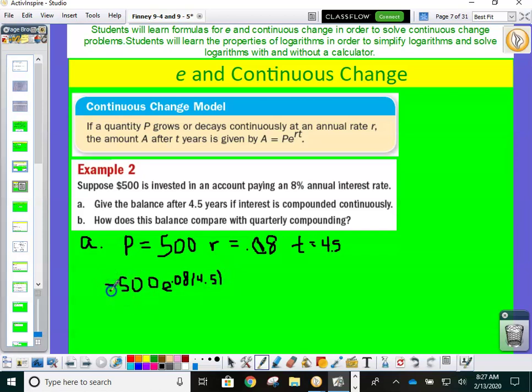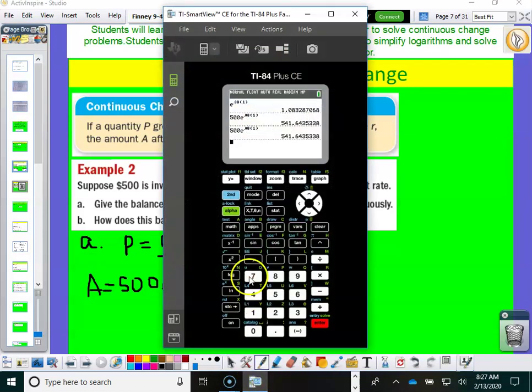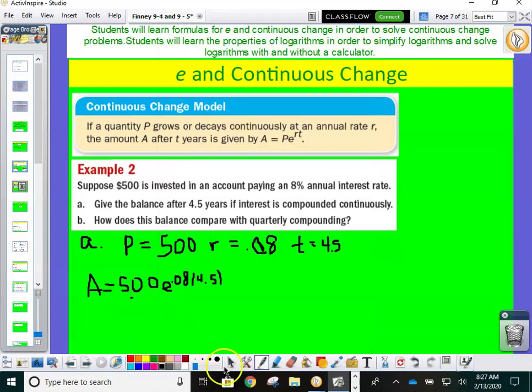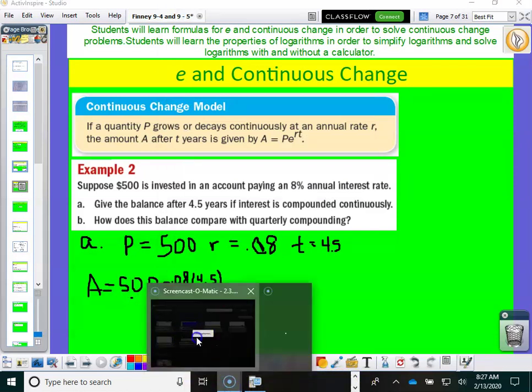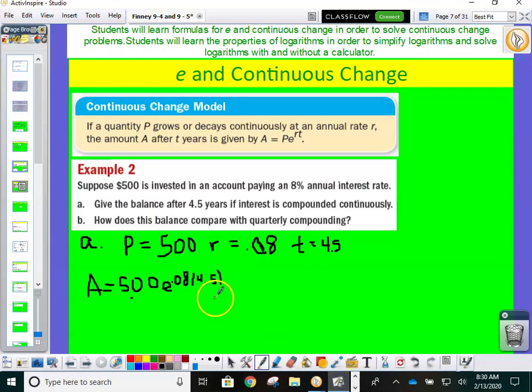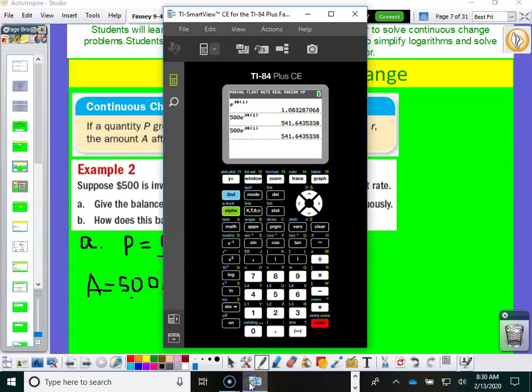And that's going to tell us how much is going to be in our account. So we bring up our calculator, and we're just going to type this in.